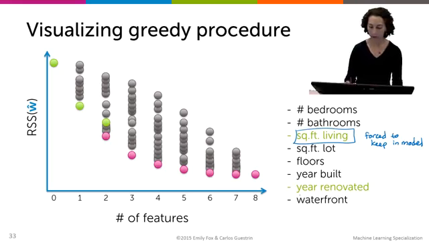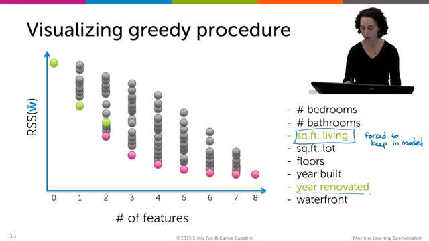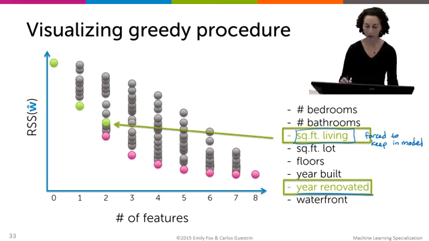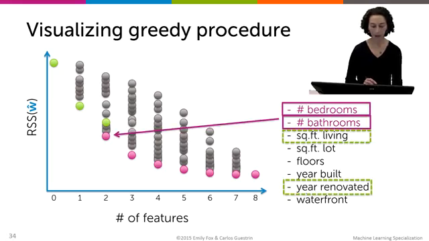So in this case, maybe the next best thing that we could add to the model, forcing ourselves to keep square feet, is year renovated. So at two features, greedy finds square feet living and year renovated. But all subsets had number of bedrooms and number of bathrooms.